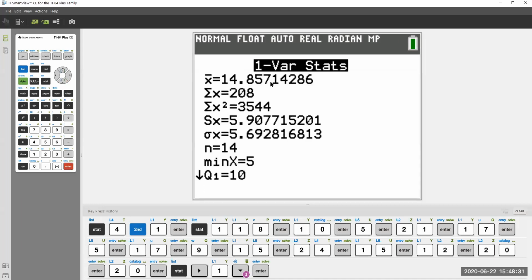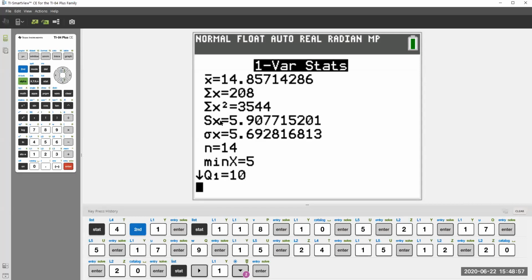And the first value is the sample mean, x bar, but you need to round it to 14.9. And then it gives you the sum of the data values, the sum of the squares.